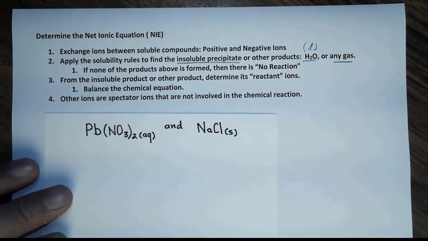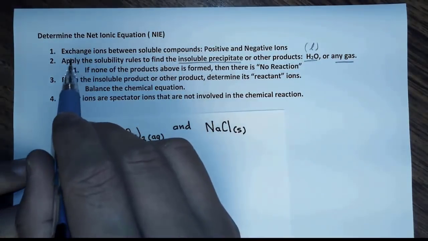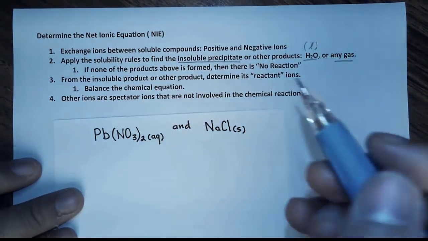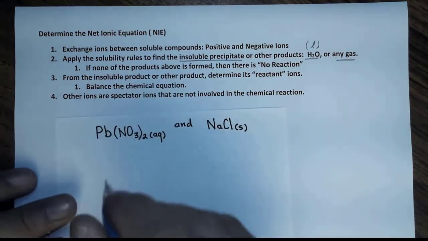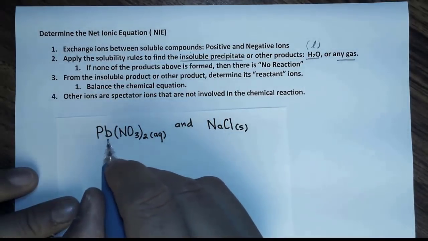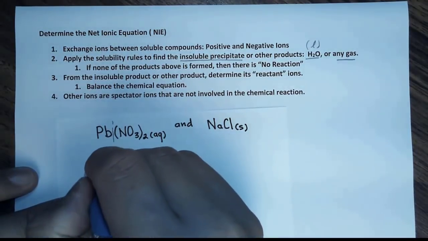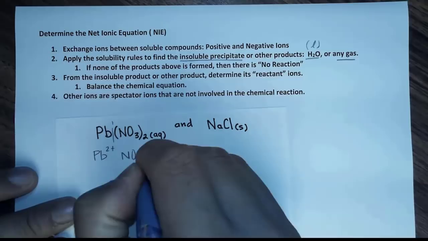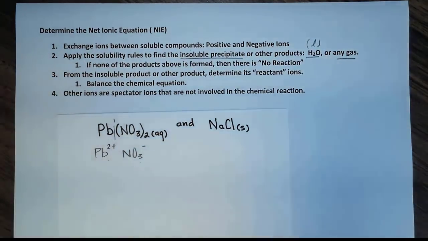So let's go back to look at the steps. The first step is to exchange the ions between the soluble compounds. That is, you combine the positive and negative ions to make a new compound. In this case, I have lead nitrate, which can be separated into lead 2+ and nitrate NO3-, and of course, they will exist as aqueous ions.